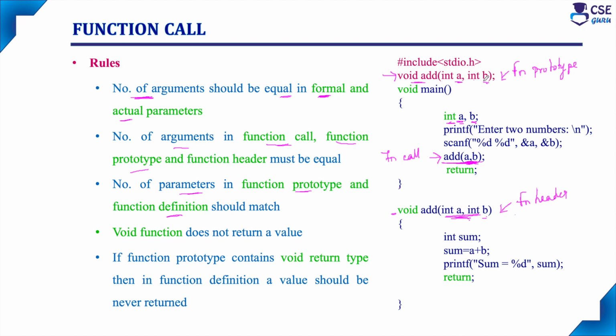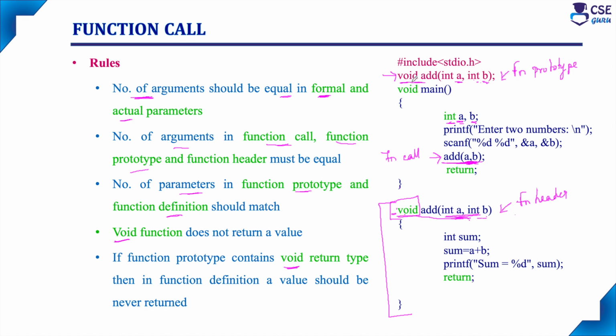Here this is the function prototype. Whatever number of arguments we have included here, the same we need to use in function definition. This complete thing is the function definition, and this one line is the function header. So in function definition and function prototype, the number of arguments should be the same. And if you are using void, meaning the function does not return any value, then if the function prototype contains void as the return data type, the function definition should never return a value.